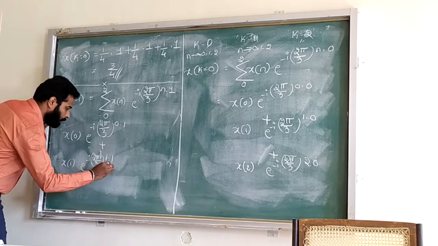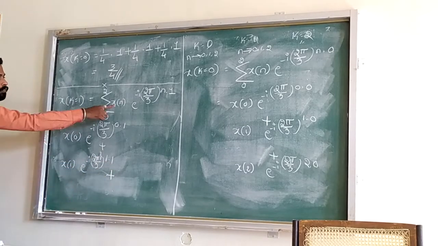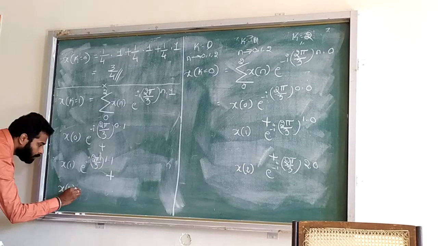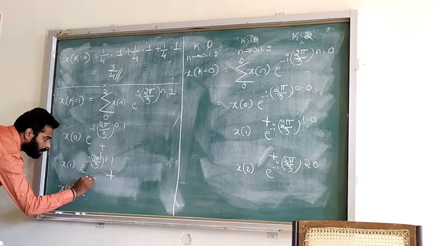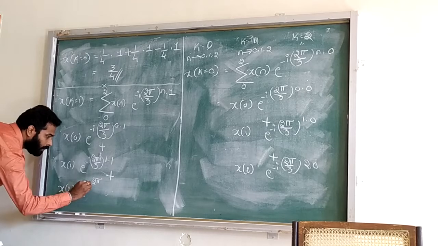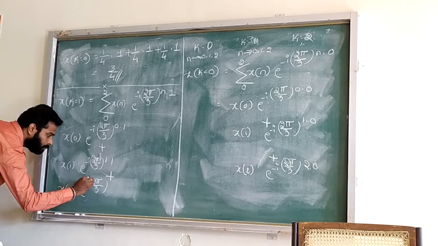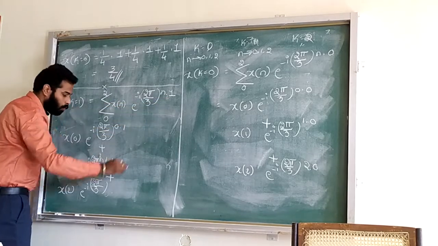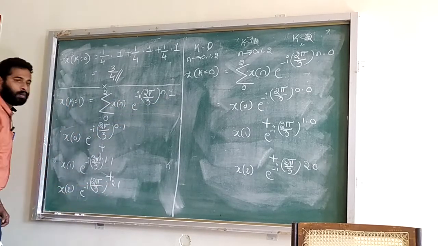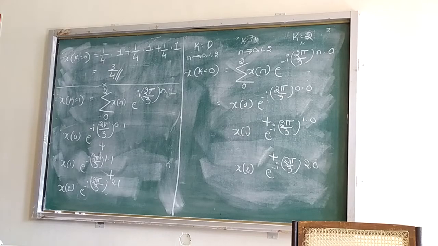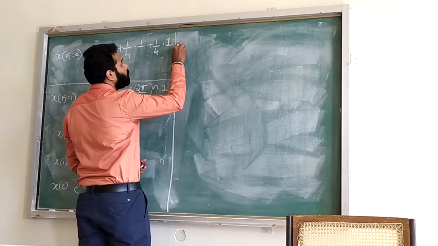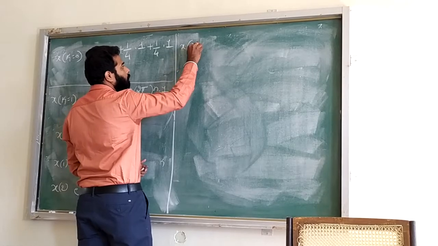Plus, in place of n we put 2: x of 2 e raised to minus I 2 pi divided by capital N into n into k, where n is 2 and k is 1, so 2 into 1. This is at k is equal to 1.